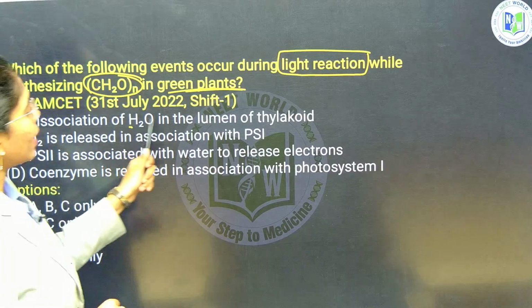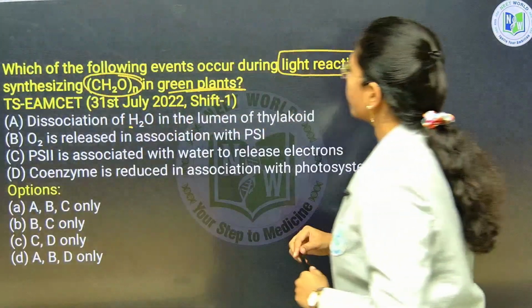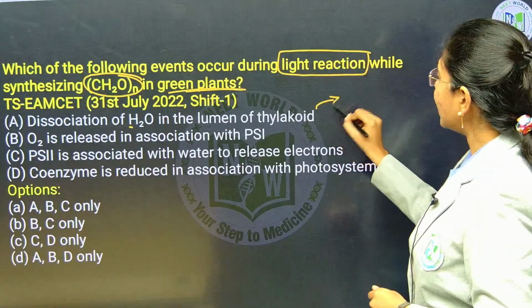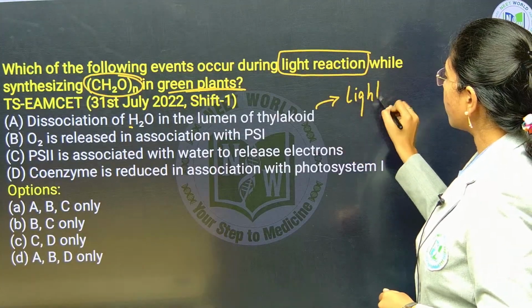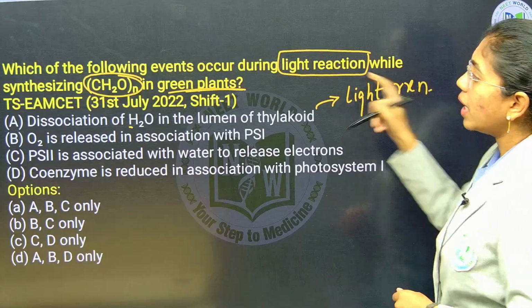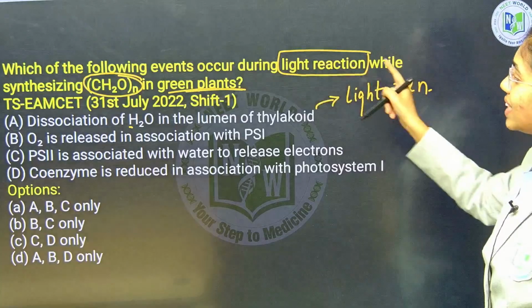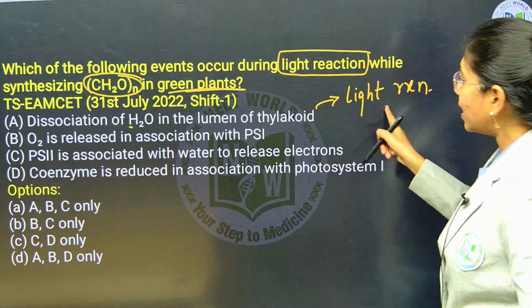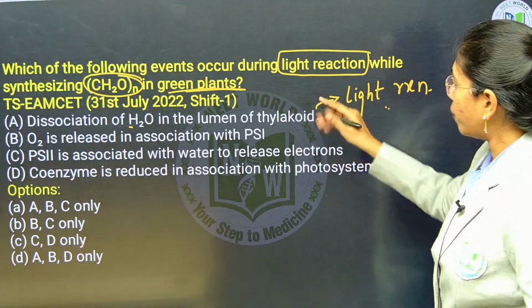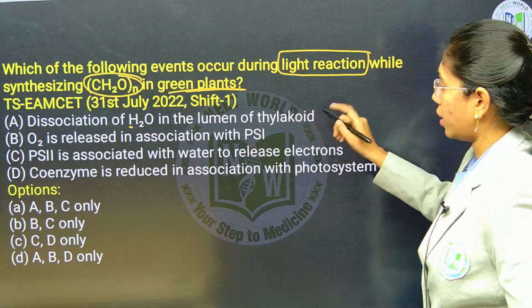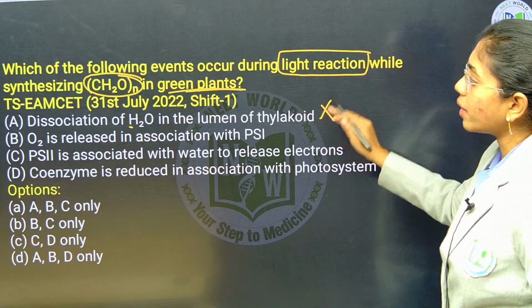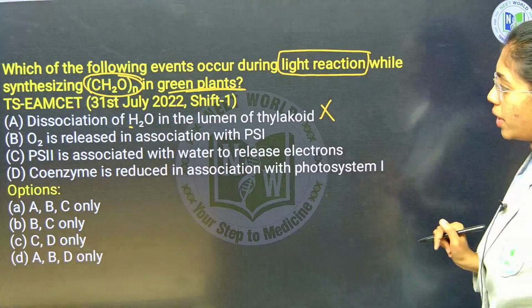Dissociation of water in the lumen of thylakoid. This occurs in the light reaction itself. But here the question is the events occurring during light reaction while synthesizing glucose. This happens inside the lumen, which is photolysis of water. So, this is not associated with synthesizing of carbohydrates.